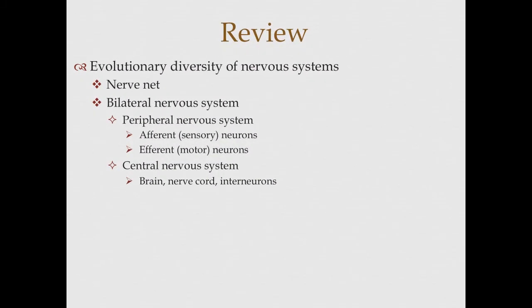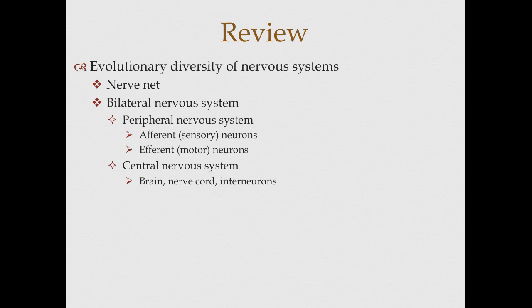And then we talked about the evolutionary diversity of nervous systems. Some of our simplest animals simply have a nerve net without any central nervous system or brain. But most animals have a bilateral nervous system with a peripheral nervous system and a central nervous system, with the peripheral nervous system being associated with afferent or sensory neurons, which are receiving information about the interior or exterior environment, taking this to the central nervous system, and then the central nervous system sends signals on how to respond to this environment via the efferent or motor neurons.